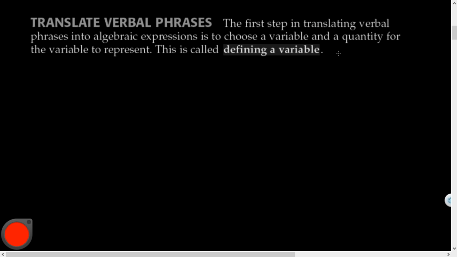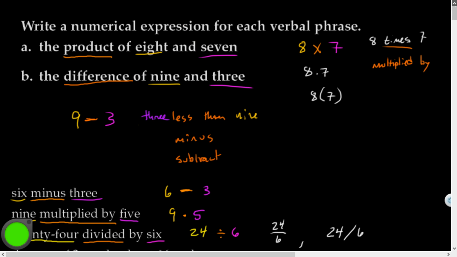Translating verbal phrases. The first step in translating verbal phrases into algebraic expressions, ooh, what's the difference between algebraic and numerical expressions? We haven't heard yet. Is to choose a variable and a quantity for the variable to represent. This is called defining a variable. So algebraic expressions differ from numerical expressions. We mentioned numerical expressions earlier.